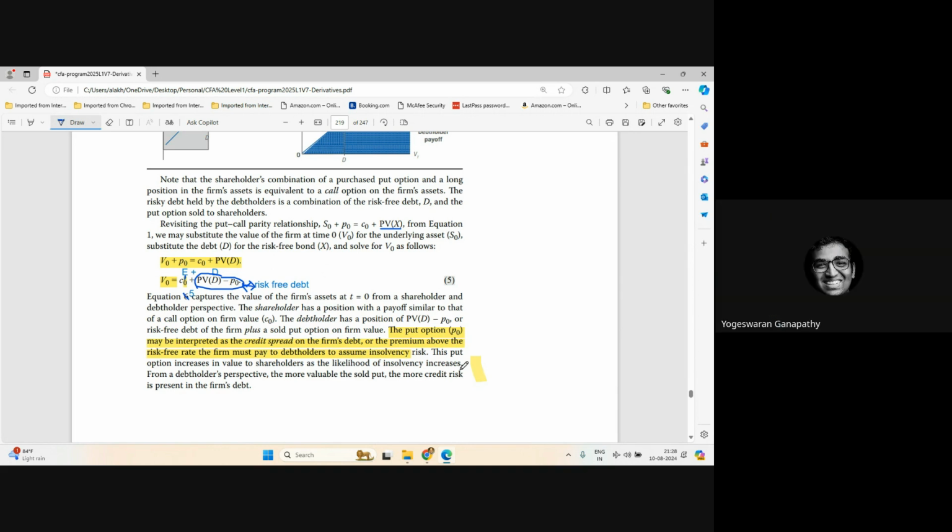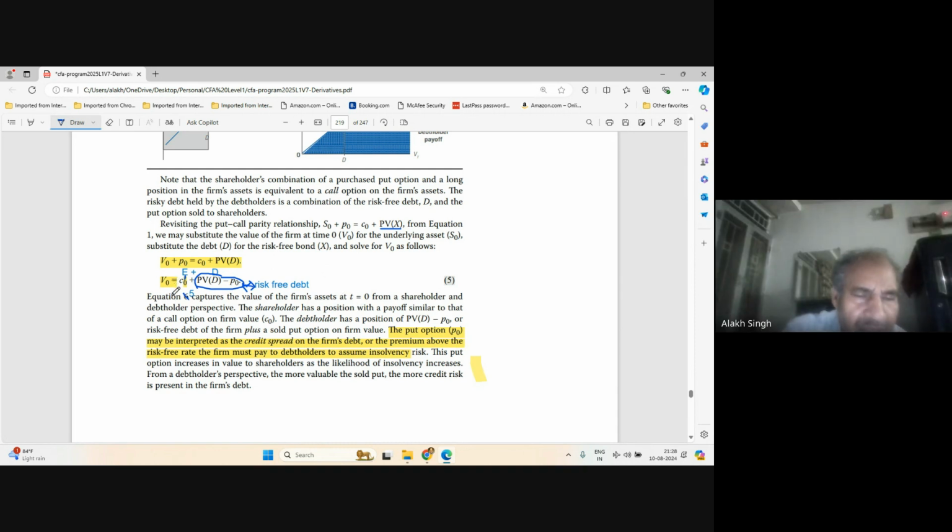The firm value would come down, so this must go up because this cannot go down. And C they have already purchased, so C will also go down. So this put option increases in value to shareholders as the likelihood of insolvency increases. From the debt holders' perspective, the more valuable the sold put, the more credit risk is present in the firm's debt.